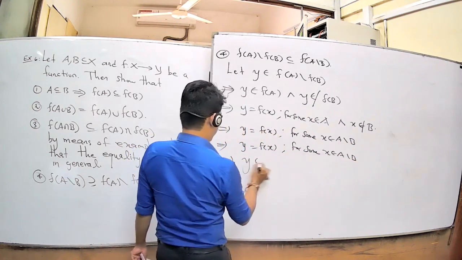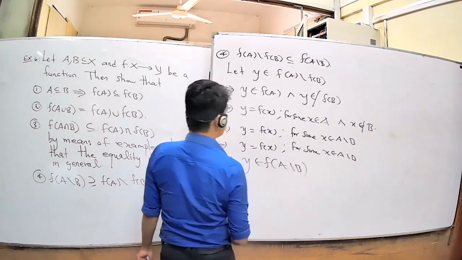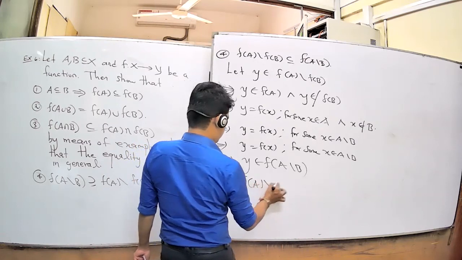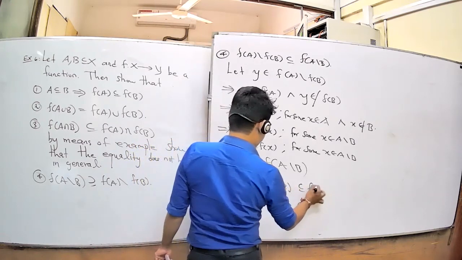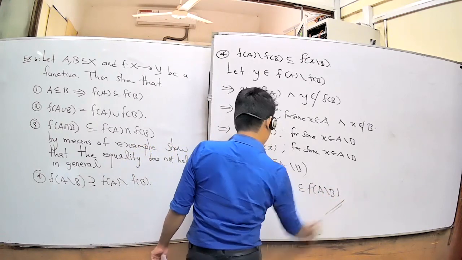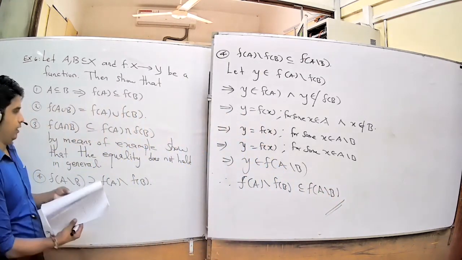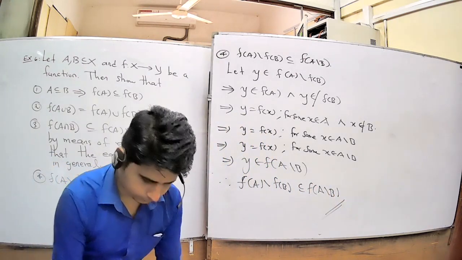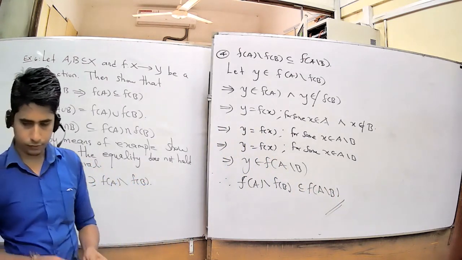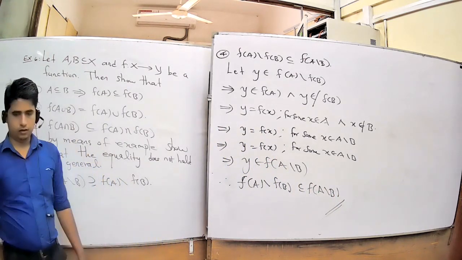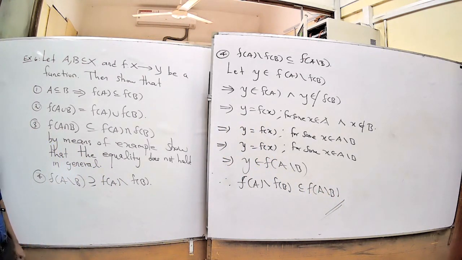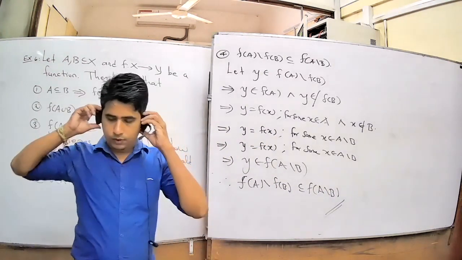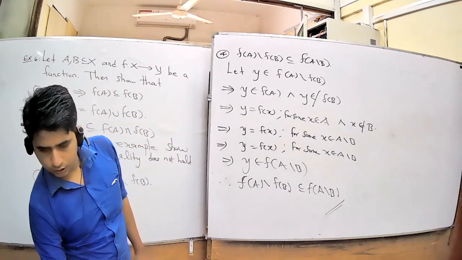Then we will write y belong to f of a minus b. That is, f of a minus f of b is a subset of f of a minus b, right? Okay. Now we'll stop, then we'll continue in the next lecture.